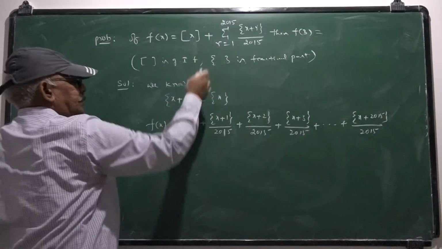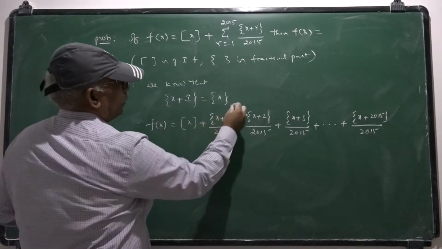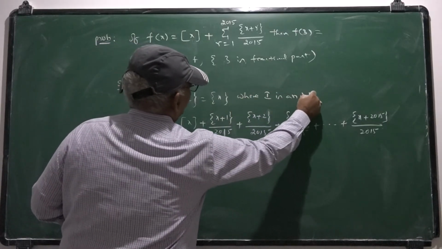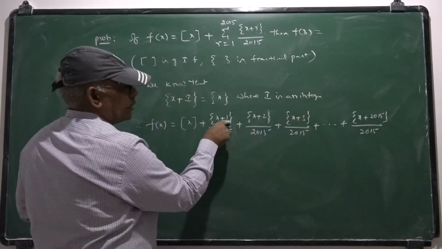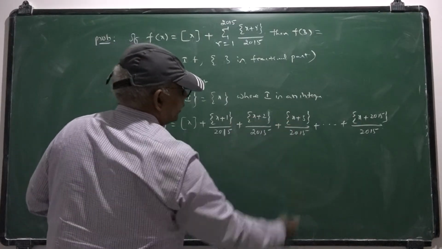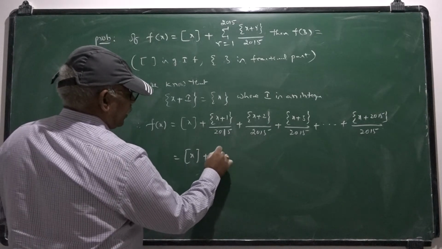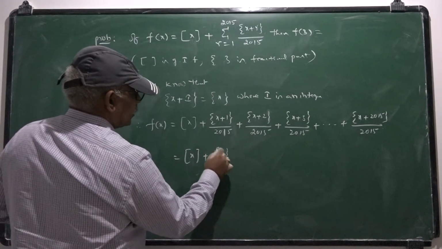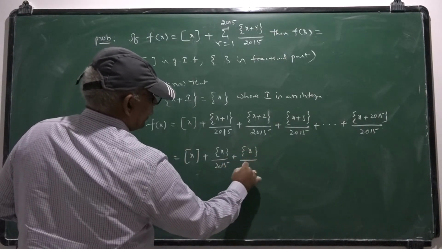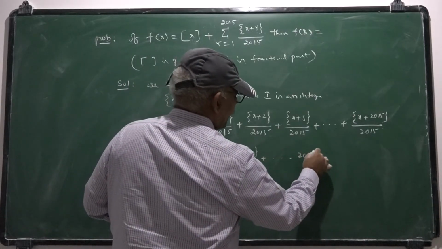But here fractional part of x plus 1, where I stands for integer, is an integer, of course. Once it is an integer, this is equal to fractional part of x. This is also fractional part of x. So fractional part of x by 2015 plus fractional part of x by 2015 and so on, like that, 2015 times.